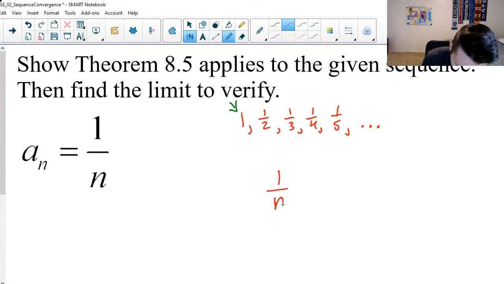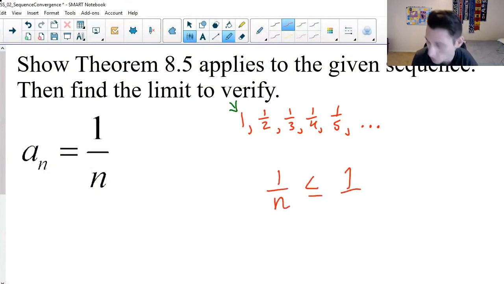I know that 1 over n is always less than or equal to 1. On the other side, I can also tell that this sequence will always be greater than 0.